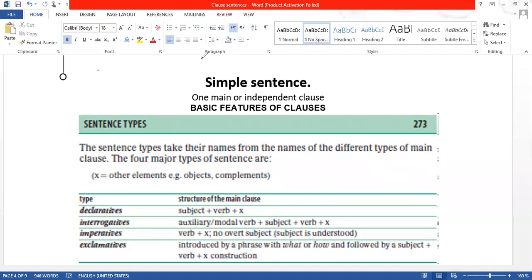For example, if I say, I am happy, this is an independent clause. Or if I say, I'm waiting for him, that is again an independent clause. It gives you a complete sense alone, right? It does not need another sentence or another clause with it. So a simple sentence is just one clause.